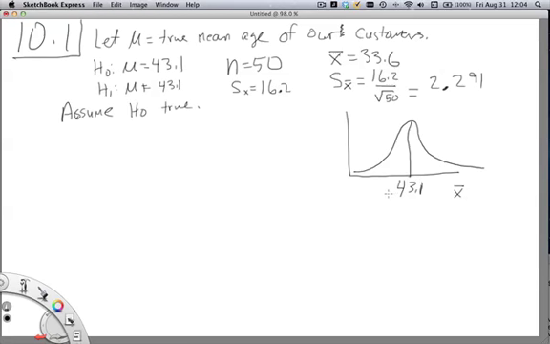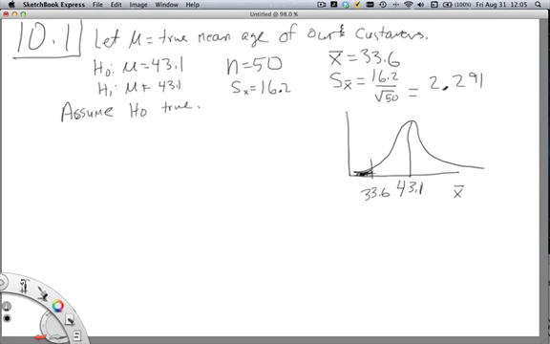Now, when we do hypothesis testing, we want to evaluate how strong the evidence is against the null. So, out here someplace is 33.6, and we want to evaluate the area in this tail. If the area in this tail is small, what that tells us is if this is the true mean, it's very unlikely that we would ever observe a sample mean like that.